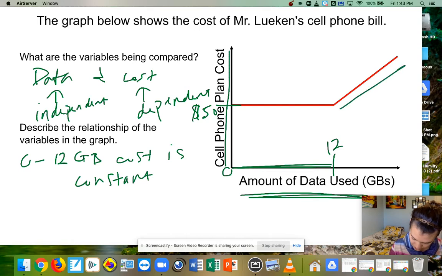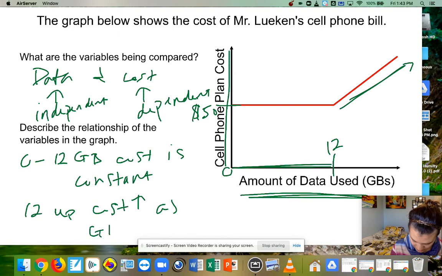And then from here on, we start going up. So from 12 up, the cost increases as the gigabytes or the data used increase.